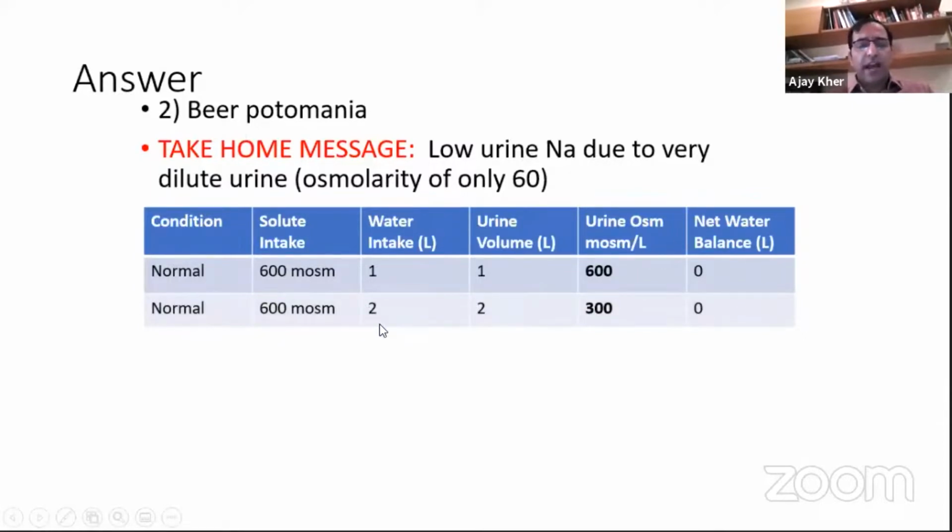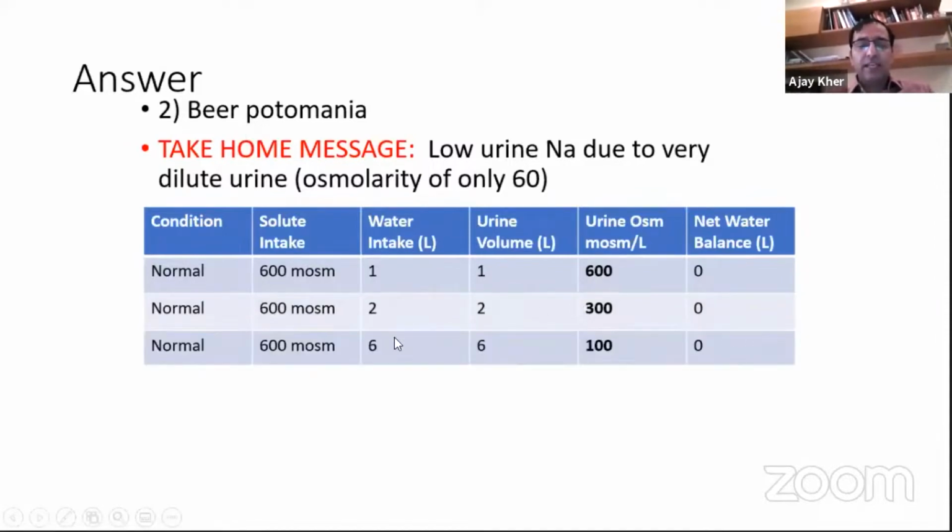The body will adapt the osmolarity of the urine through ADH. Now it will excrete 300 milliosms per liter and then have 2 liter output and again be in balance. Let's say that he drinks 6 liters of water. In that case, the ADH will be almost completely shut off and the urine osmolarity will be 100 and they will excrete 6 liters of water, again in balance.